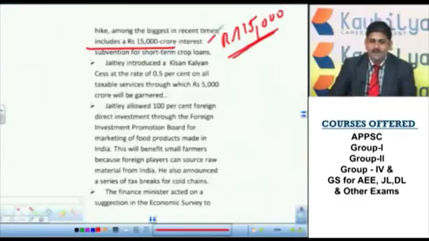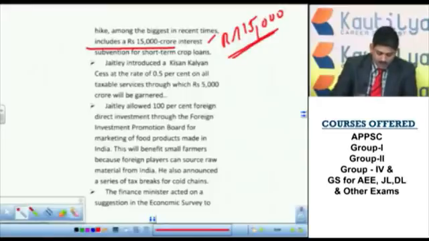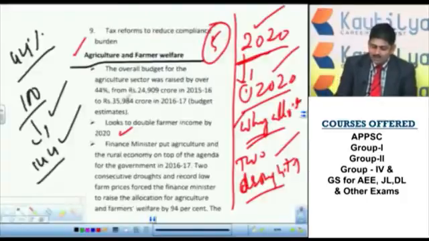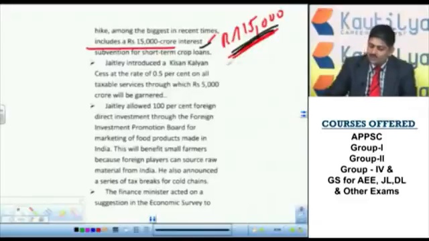This is a very, very important question. They may ask you, as per the budget proposal, what amount of interest subvention on short-term crop loans was waived by the union government? That is rupees 15,000 crore. As I said earlier, figures like 24,909 crore and 35,984 crore are not so important, but this 15,000 crore is very, very important.